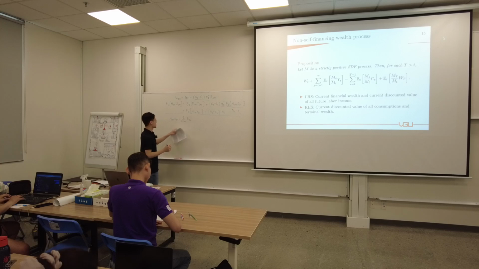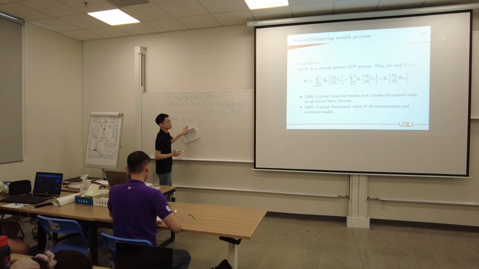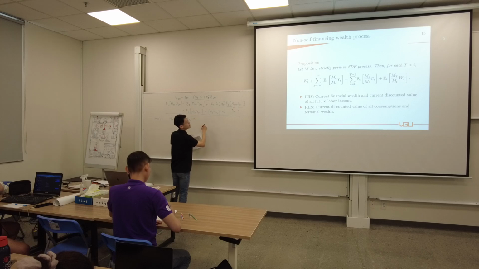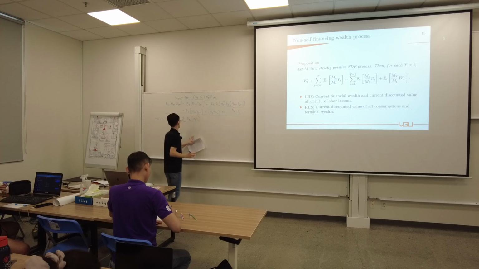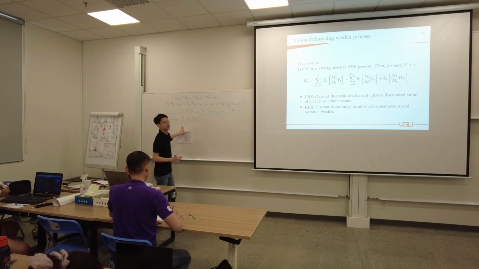So this is that equation at tau plus 1. We assume that it is true. And then we have this ms, we have this ys. This is the left hand side.